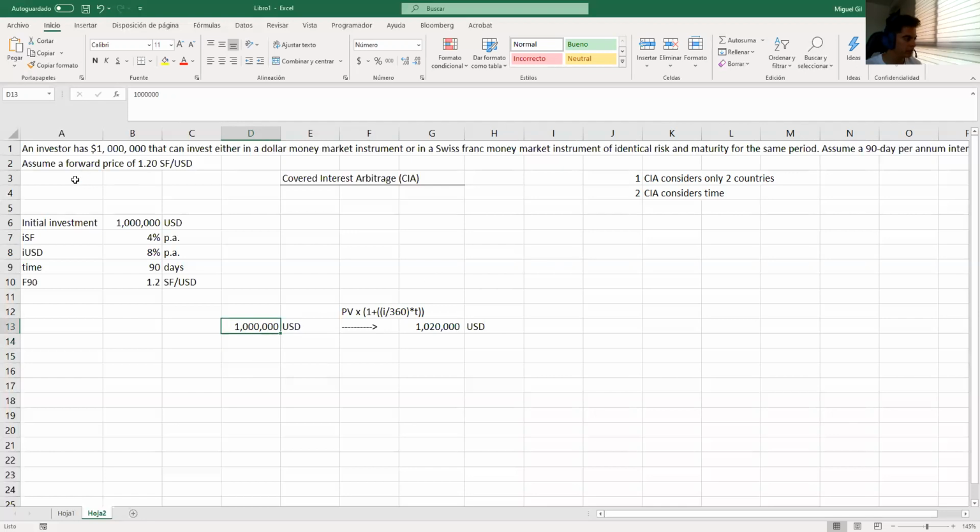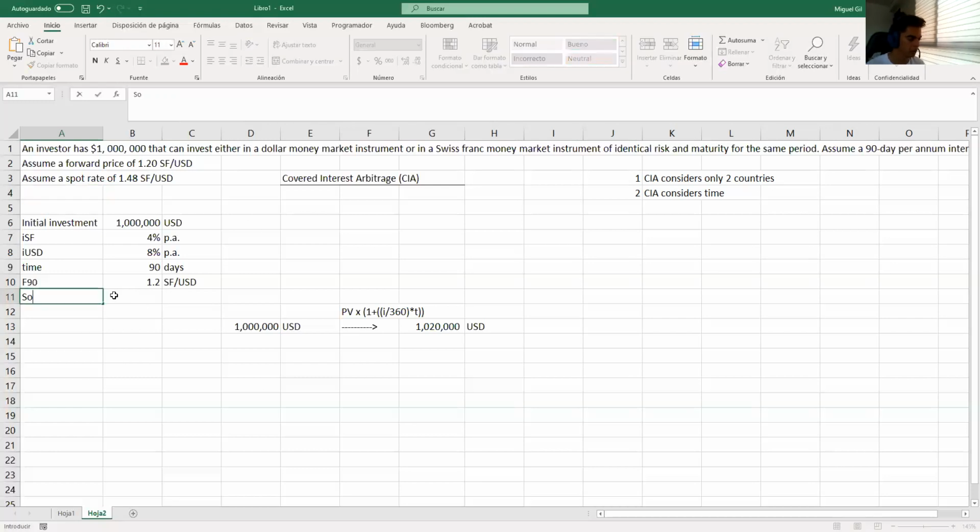And I think I forgot to write this from the exercise, because you also need to assume a spot rate of 1.48 Swiss francs per dollar. I think I didn't write it here on Excel, but it's also relevant. So you need to write in here that the spot rate is 1.48 Swiss francs per dollar. Sorry about that, but I will always give you the spot rate too, because it's super important.